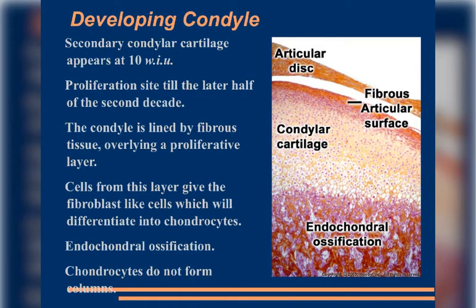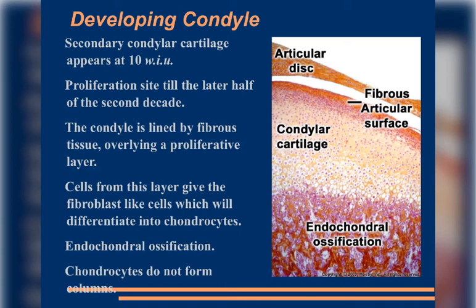Proliferation site till the later half of the second decade. So the condyle continues growing until the later half of the second decade. The condyle is lined by fibrous tissue overlying a proliferative layer.